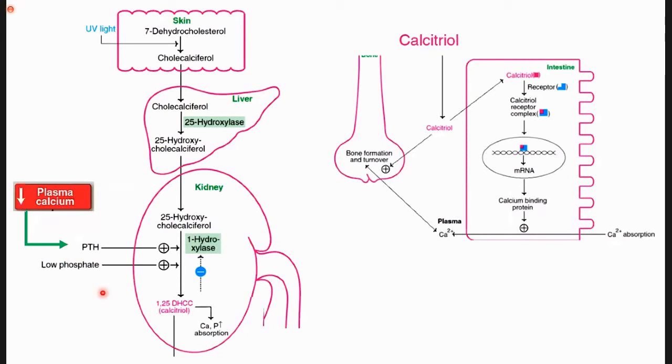So there are three factors that help in the regulation of calcitriol. The first is the plasma concentration of calcium, the plasma concentration of phosphate, and the parathyroid hormone as well. So all these maintain the plasma concentration in a normal reference range.